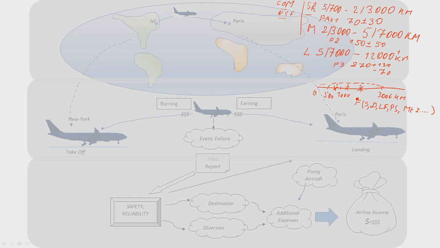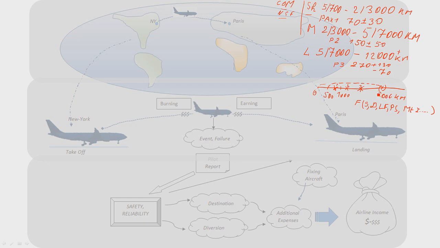Now, the question: what is the most effective point here? I think it's clear. It should be the maximum, 3000 kilometers is the most effective. I'm talking about technical economical effectivity.